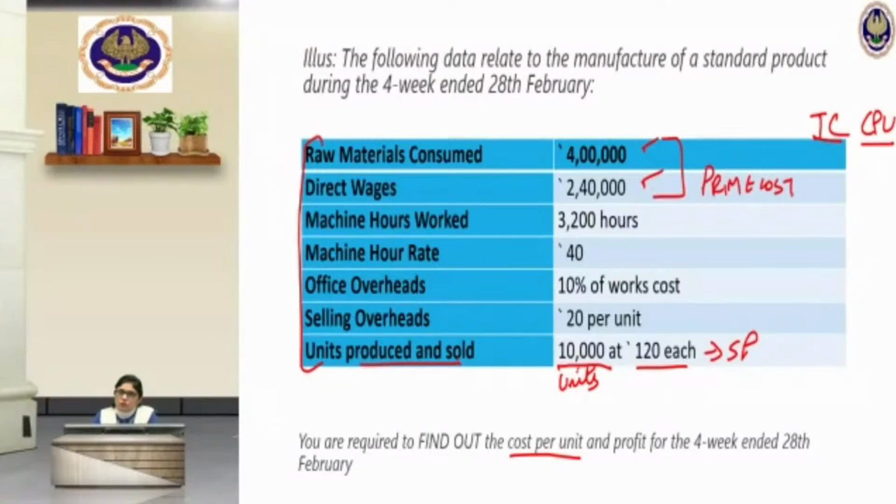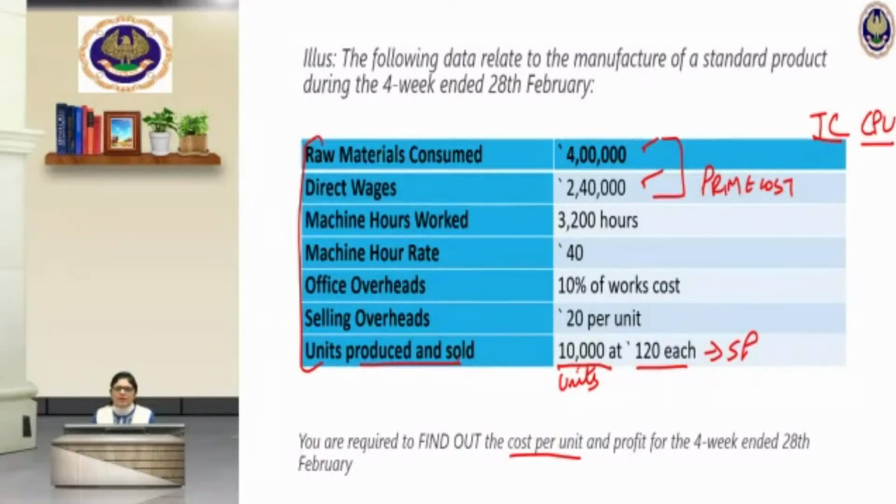Then to the prime cost, what do you add? You add the factory overheads. So factory overheads, I told you in the previous sessions also, are absorbed in cost accounting on the basis of some predetermined rate.